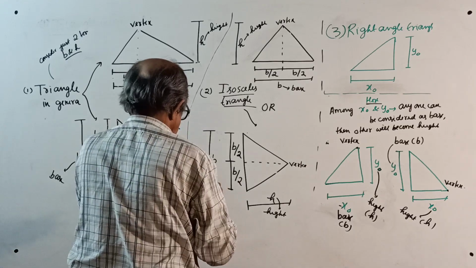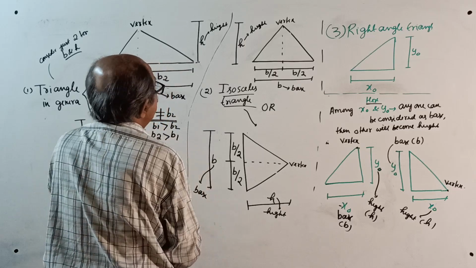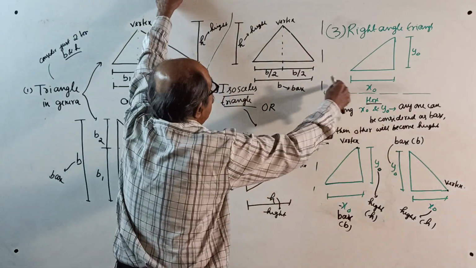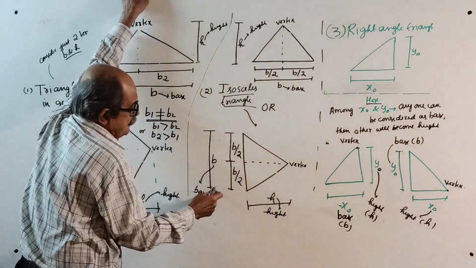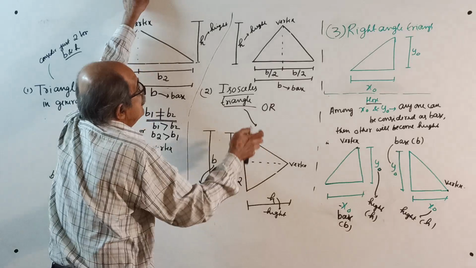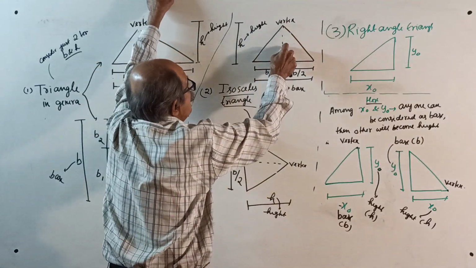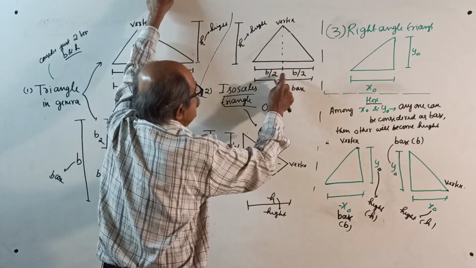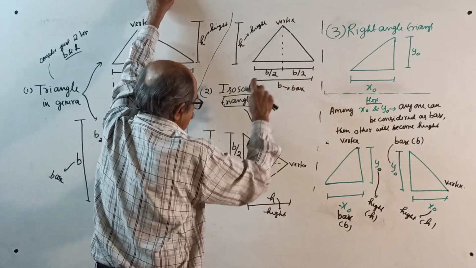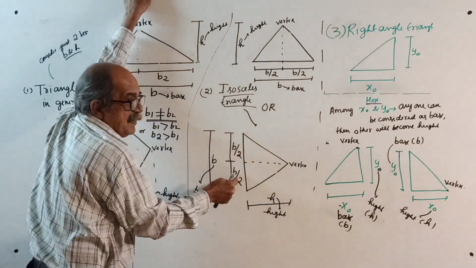If this is the base, this is the height, vertex, and if you drop a perpendicular here, 2 sides will come, these 2 are equal, only B by 2, B by 2.